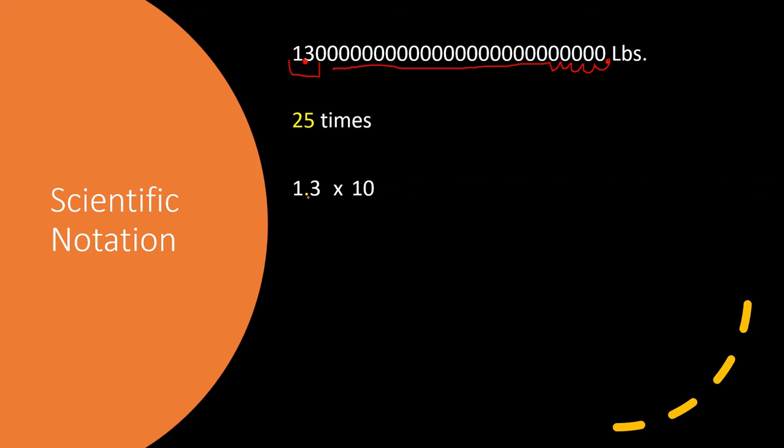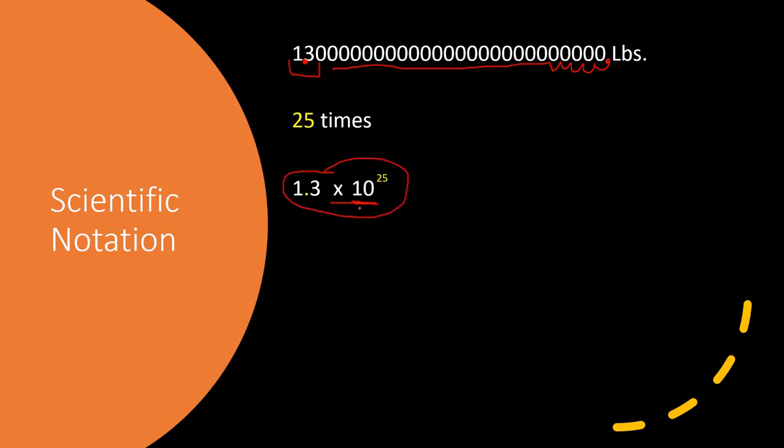It's always going to be times 10, my friends, regardless of the number. And then for the 25 times that I moved my decimal period, I'm going to write a very small 25 right there, and that's going to be my exponent. And this, my friends, is how we write this number in scientific notation.